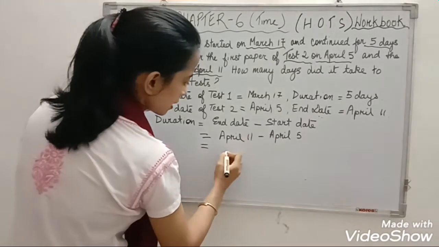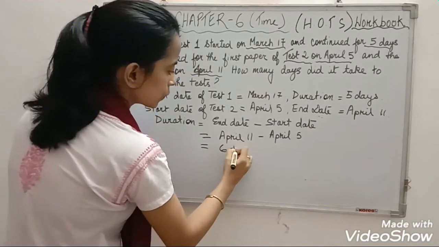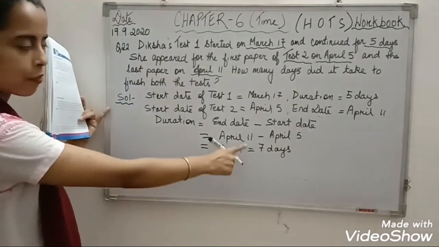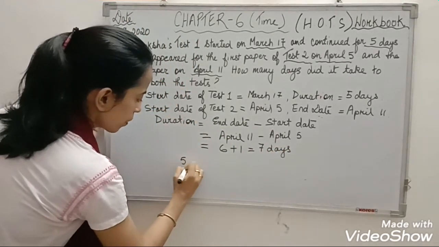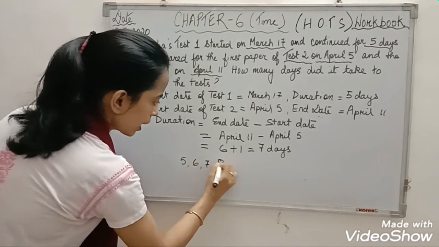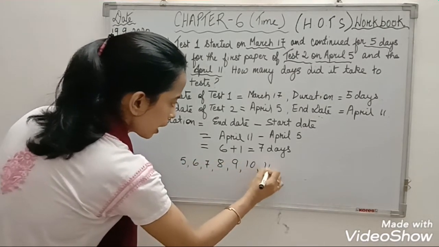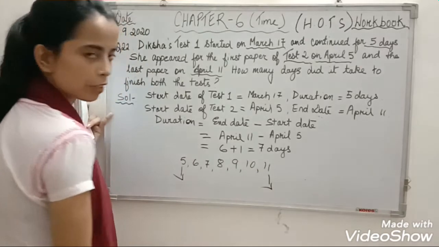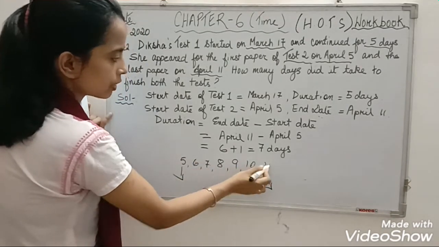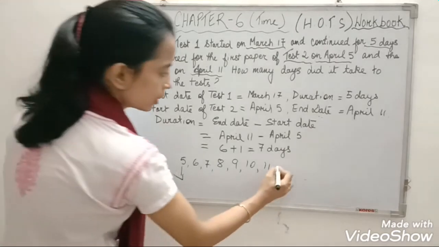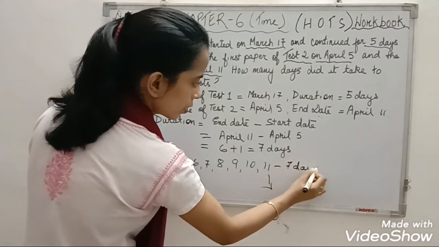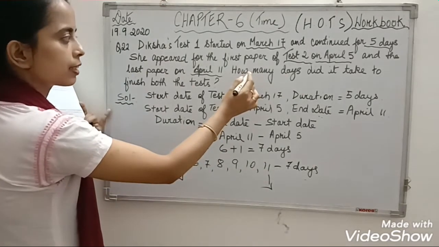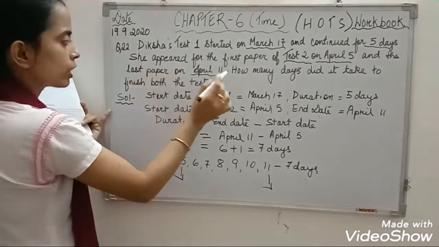It is 6 plus 1, which comes to 7 days. How does 7 come? See here, children. 5 April, 6, 7, 8, 9, 10, 11. Starting date 5, ending date 11. 1, 2, 3, 4, 5, 6, 7. It is equal to 7 days. So the duration of test 2 is 7 days.